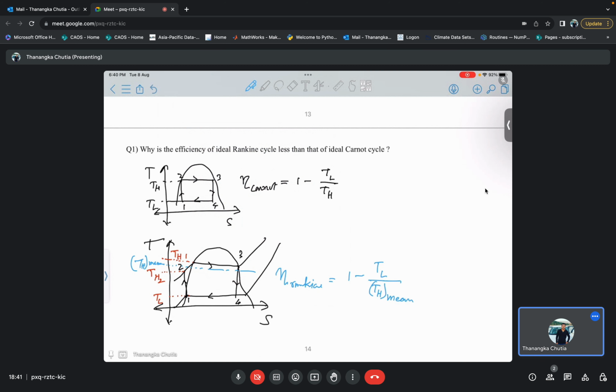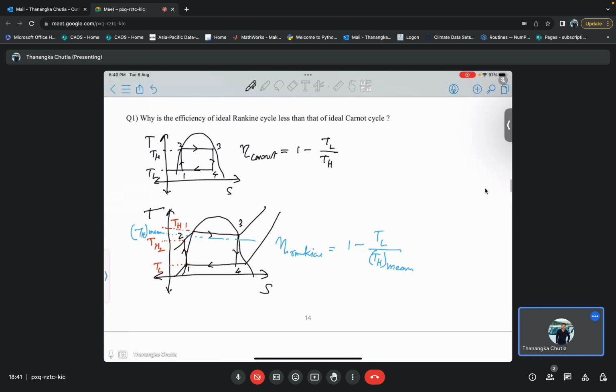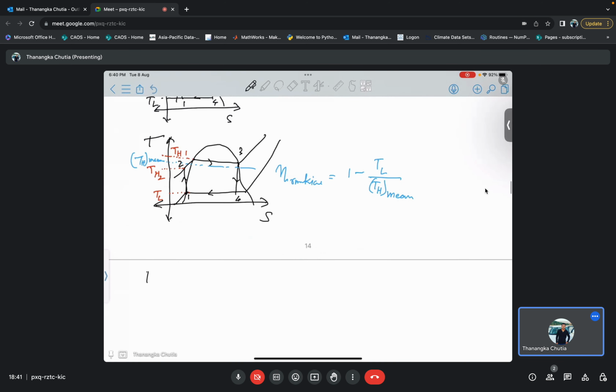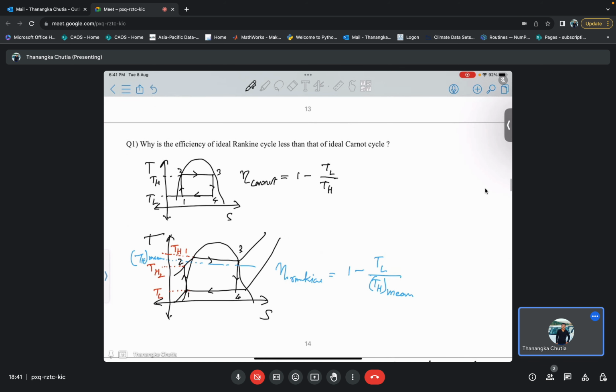Now we are looking at the same maximum and minimum temperature of the cycle. What is the maximum temperature here? This is TH1. And what is the maximum temperature in the Carnot cycle? Basically TH.